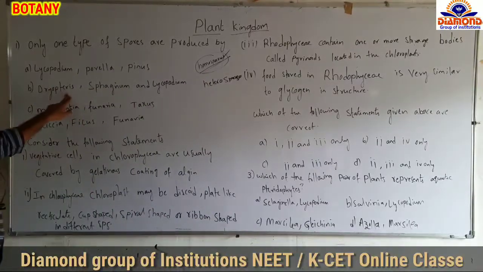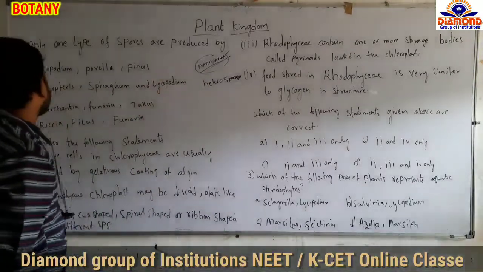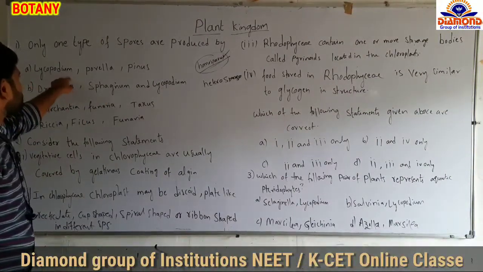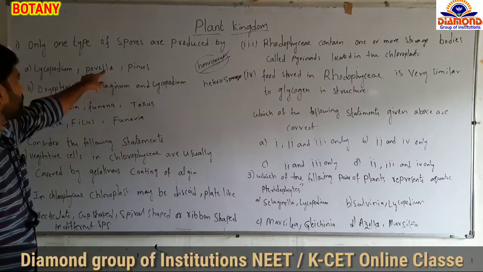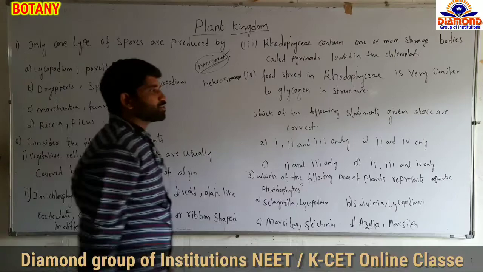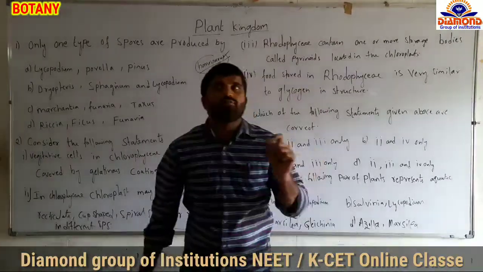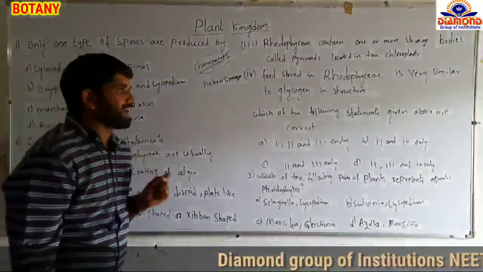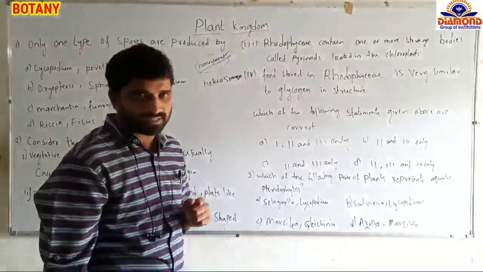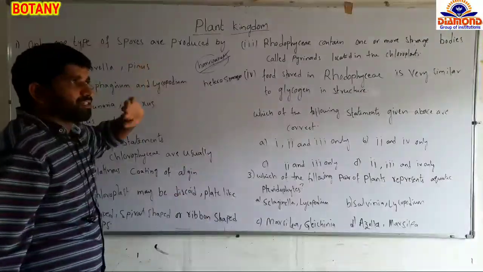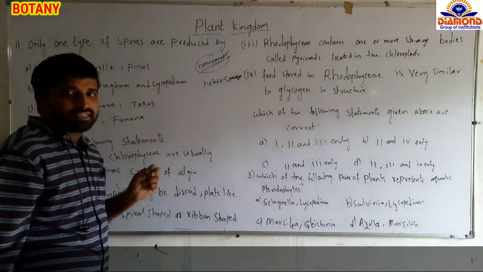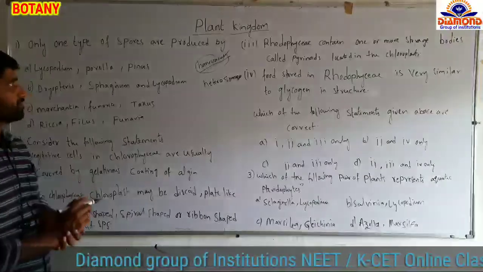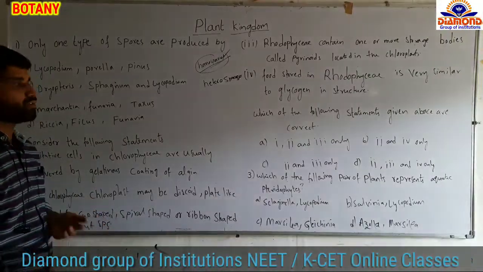So we have to identify the homosporous plants. Option A: Lycopodium, Corolla and Pinus. Lycopodium belongs to Pteridophyta, Corolla belongs to Bryophyta, and Pinus belongs to the Gymnosperms. In Pteridophyta, only some plants, Salvinia and Selaginella, are heterosporous, so not all Pteridophytes are heterosporous. After these, the next plants are Gymnosperms, and all Gymnosperms are heterosporous.